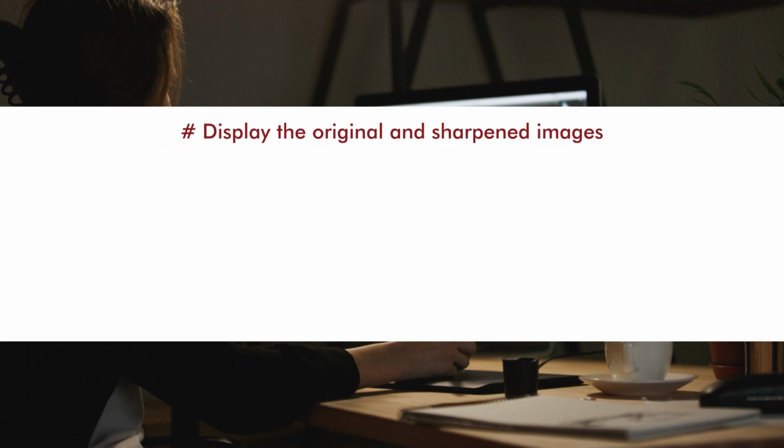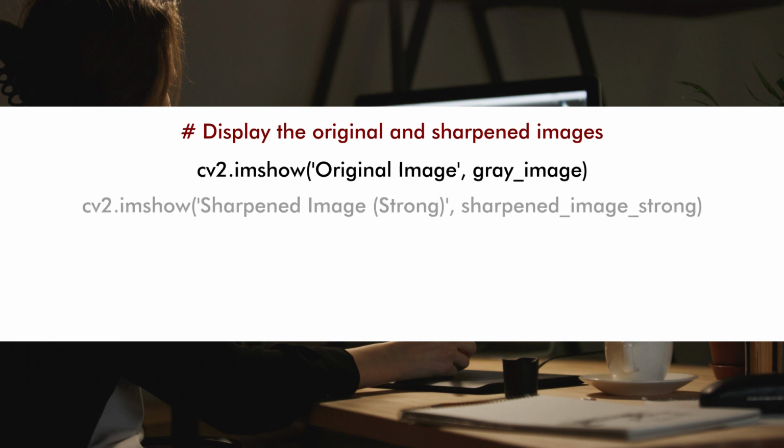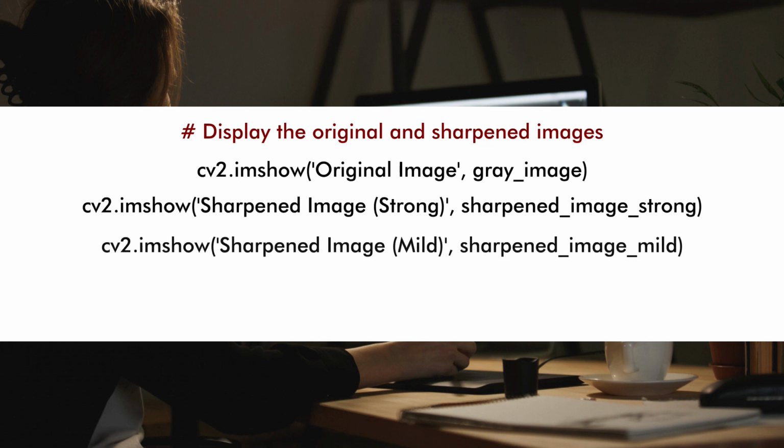After that we have to display the original and sharpened images using imshow, which will show which is the original image, the grayscale image or the sharpened image. So, this is the overall sharpened image description for this technique. You have to apply all the above codes on your system and check whether the code is working or not. After that we are going to conclude this topic with the experimentation work.